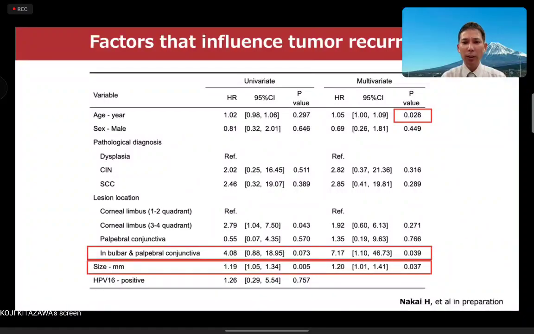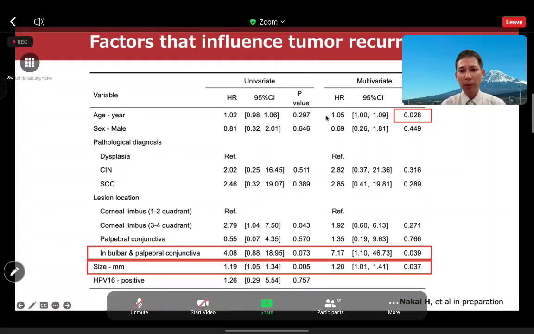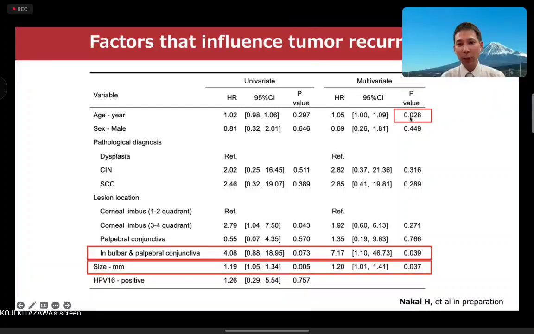But I don't think it is a true risk factor, because you can see the hazard ratio is very low, almost 1.0. So even if it is significant, I don't think it is a clinically relevant risk factor. However, you can see here that the fornical and paravelar conjunctiva location, and also the bigger size, seem to be high risk factors for tumor recurrence.